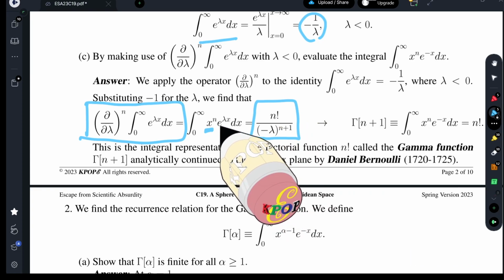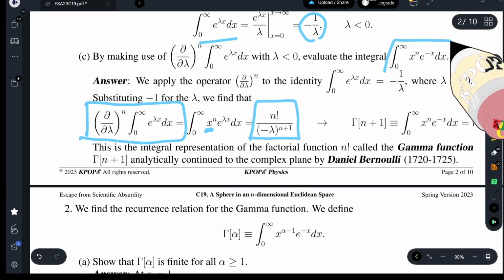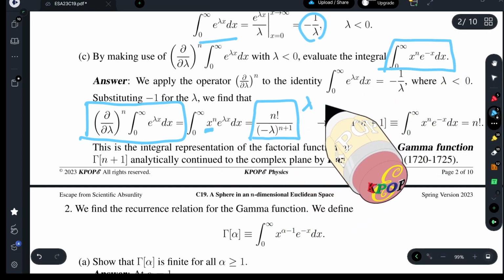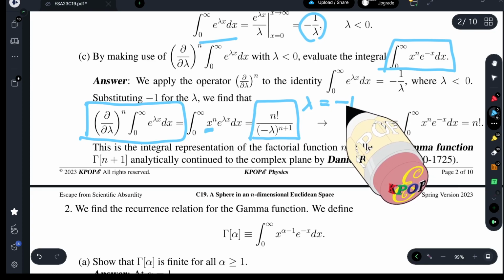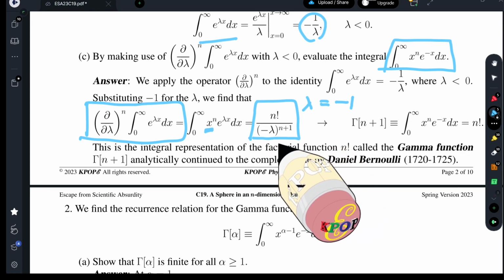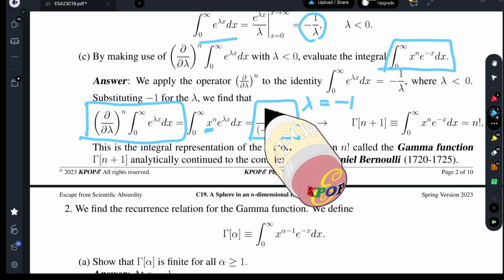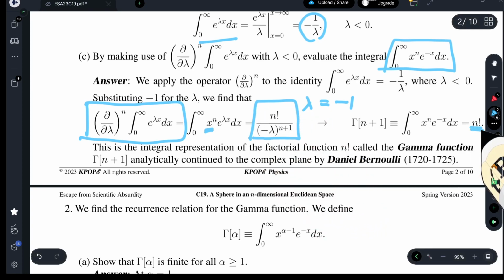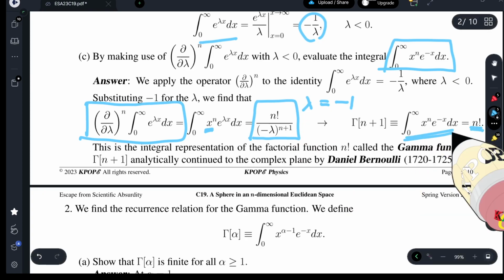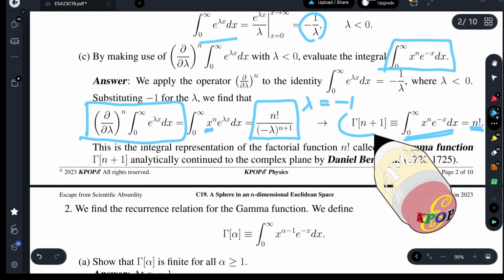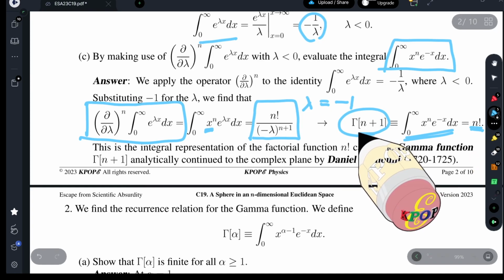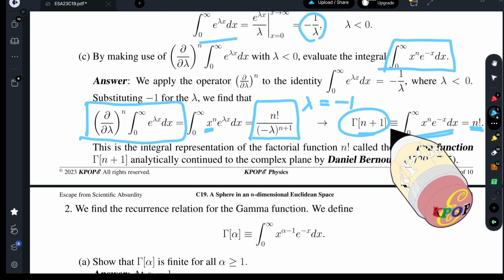Next, we consider a special case when lambda equals minus 1. Then the denominator just becomes 1. As a result, we can define n factorial by this integral. We call this n factorial to be gamma of n plus 1.